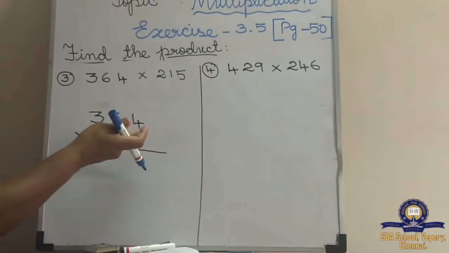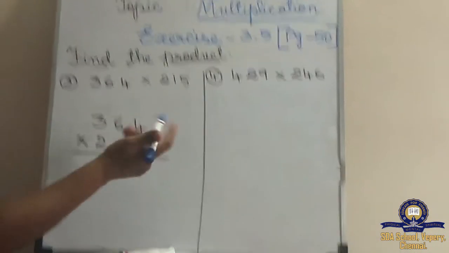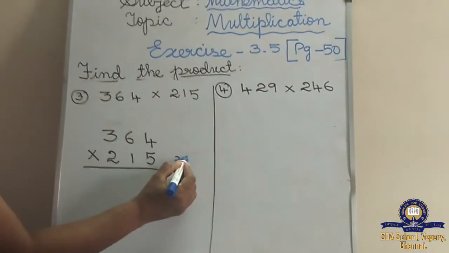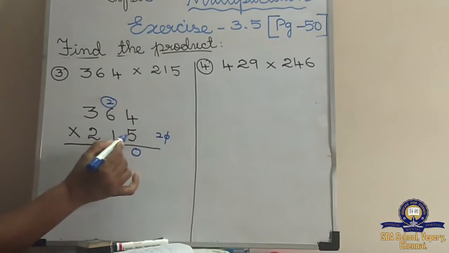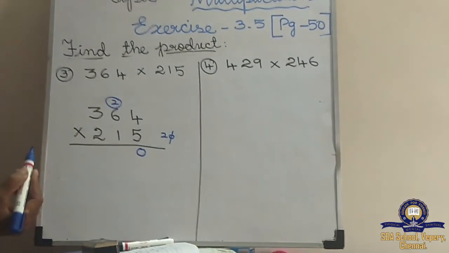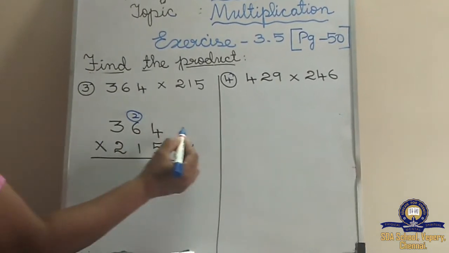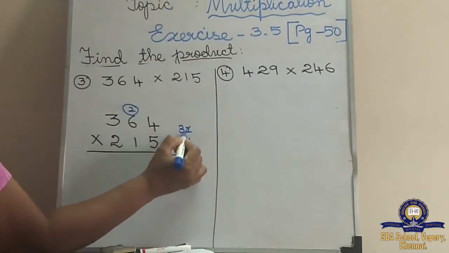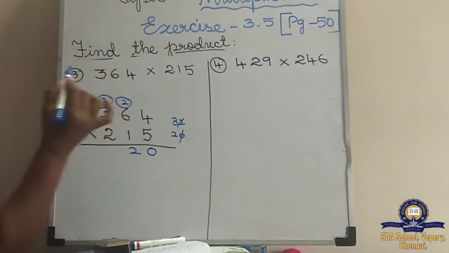First you have to multiply the ones column, isn't it? 5 is a very easy table. 5 fours are what, children? 20. 5 fours are 20. 5 6s are 30. 30 plus 2, 31, 32. So put 2 here and write 3 above 3.